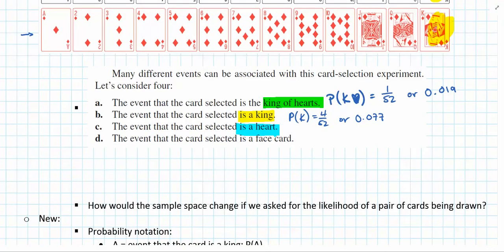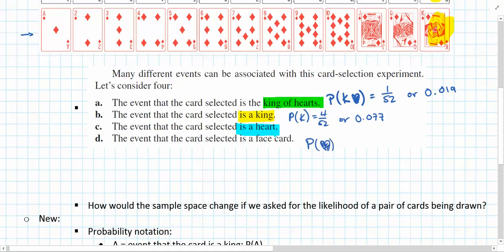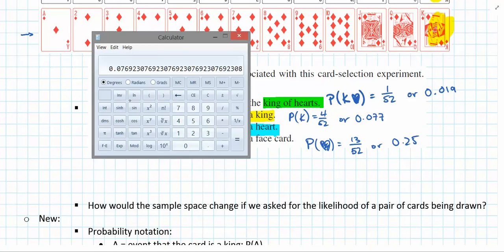So the probability that we pick a heart is simply 13 out of 52, or 0.25 probability. I know that's the answer because 13 is a fourth of 52. Watch this. 13 divided by 52 is 0.25.